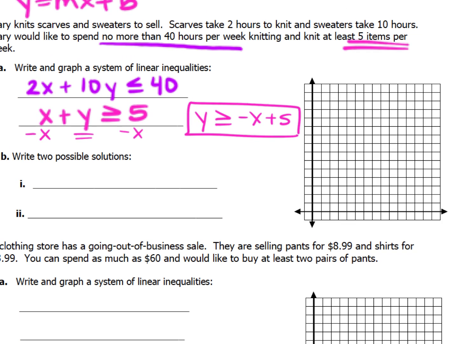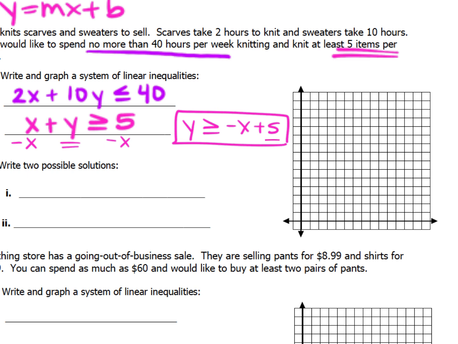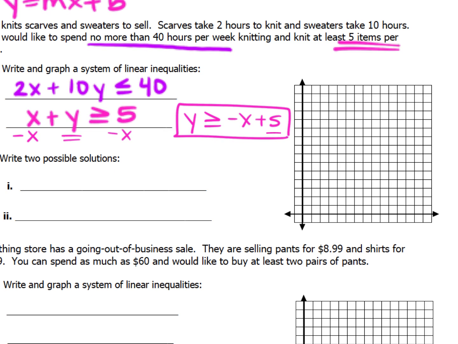If we graph that, plus 5, okay, is going to go where? Up 5 on the y-axis. So 1, 2, 3, 4, 5. Okay? Now, our slope is a negative 1. So we're going to go down 1 over 1, down 1 over 1, down 1 over 1. Is this a solid or dotted line?